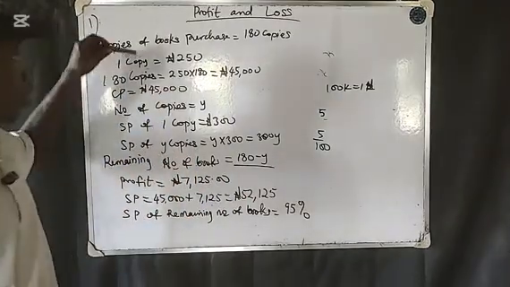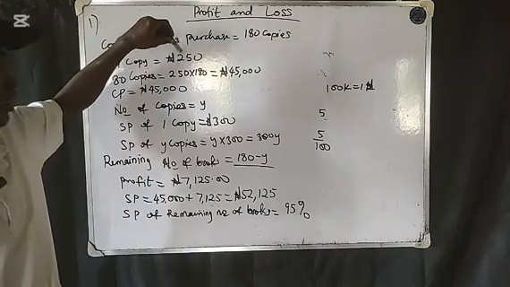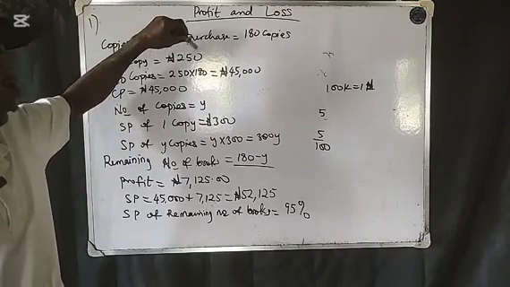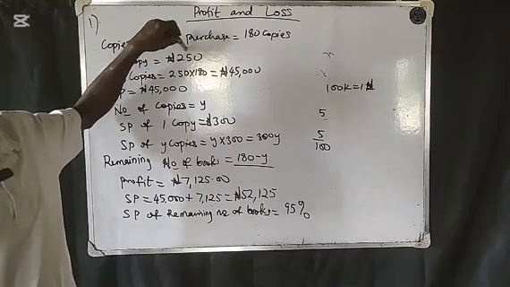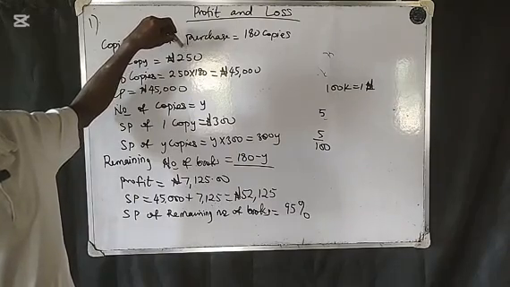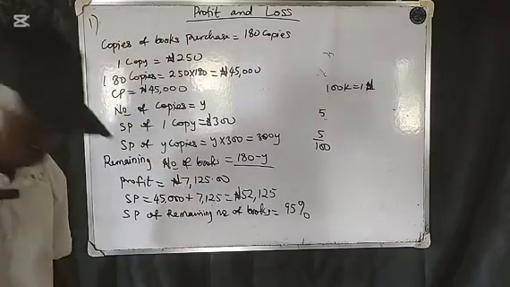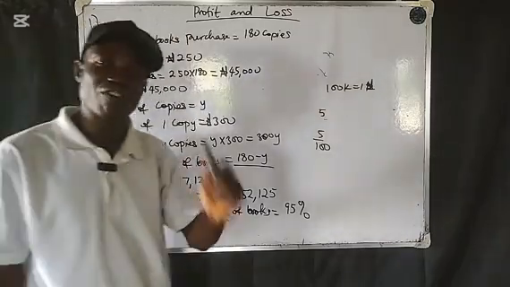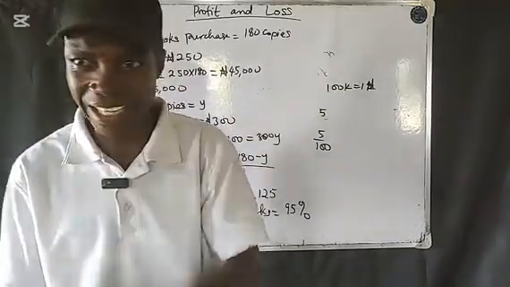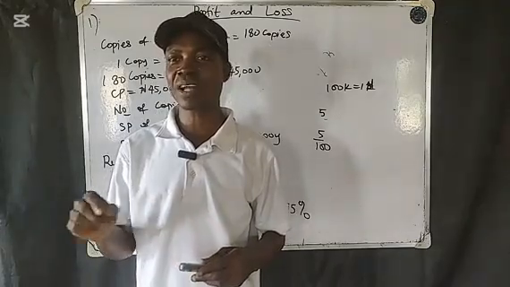Remember, 1 copy costs this amount. It will not sell at this amount again, nor above this price. In fact, it will be selling below the price, because it's giving a discount in the naira of the cost price. Anytime you hear "in the naira", it means on every 1 naira.